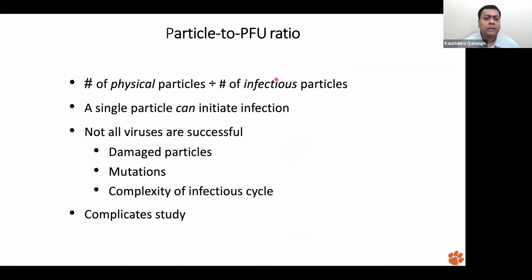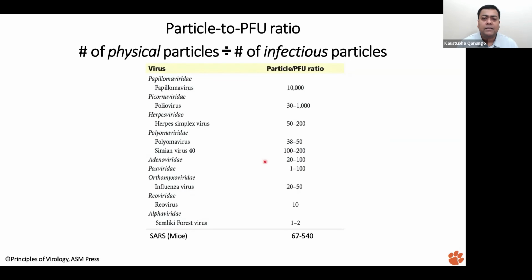So why does this actually happen? The number of physical particles over the infectious particles gives you the number. If it is 1, a single particle can initiate the infection. On the other hand, if that number is 10,000, then theoretically, to infect one cell you have to give 10,000 virus particles.